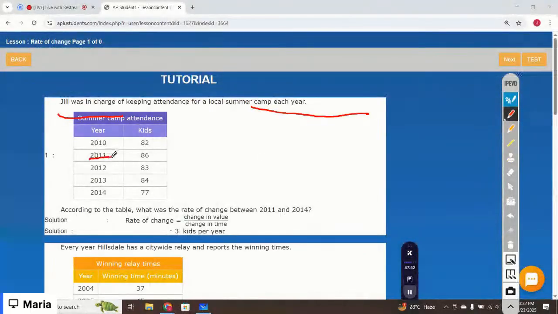Here is 2011 and here is 2014. 77 minus 86 is negative 9, and divided by 3 that is negative 3. That is negative 3.